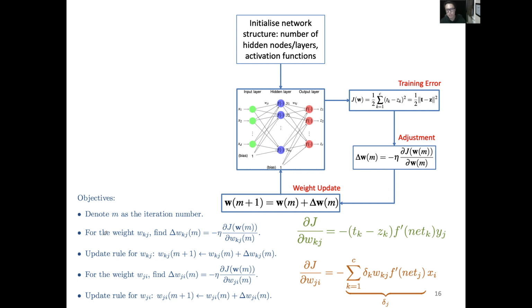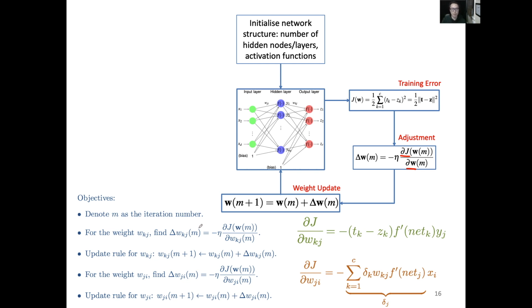I'm going to present the overall idea again, just to recall what we have done. Initially, we initialize the network, find the training error according to the training data set, and then we find the adjustment, because we find partial J, partial w. Again, this w is the collection of all these wji and wkj.